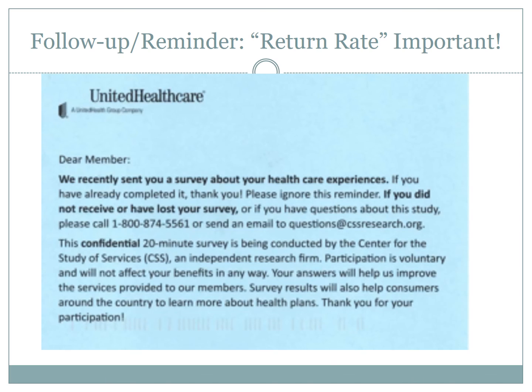I got this follow-up postcard, which is important in that the United Healthcare sent out X number of surveys. They want to get as many back as possible because they want to get a good return rate, which was what I went over in that earlier lecture. Now, they know darn well if you did or did not send the survey back in, because on the front page there's coding, kind of tracking information, and they are not going to mail out postcard reminders to everybody.